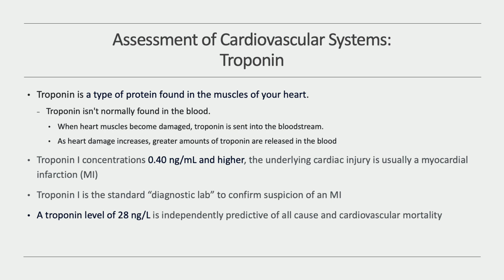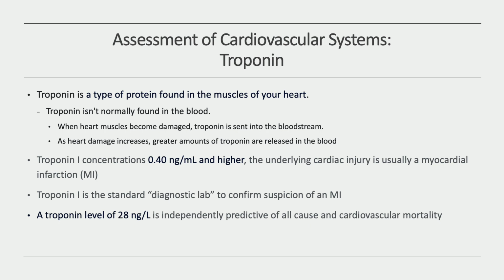Okay, so just understand a lot of things can contribute to a troponin level being elevated: sickness, COVID, all of these things. That would be a troponin T versus a troponin I. I don't need to get into the schematics of all of it, but I will tell you that a troponin I level of the 20s or higher is going to be independently predictive of a cardiovascular mortality, which means your heart is dying effectively, versus someone who has a lower level, which might be what they considered an NSTEMI, right?